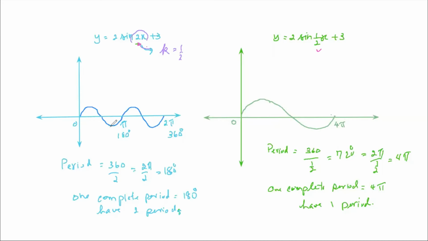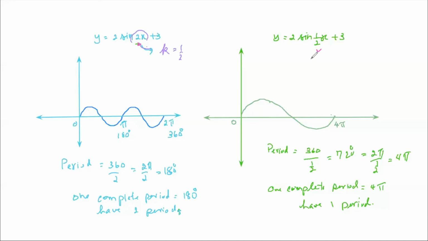So you see the shrink becomes 2 periods within 2 pi. That means every point here, the new x, the value of x from the old one has to be divided by 2 to get the new x. That's why your graph is shrinking here.